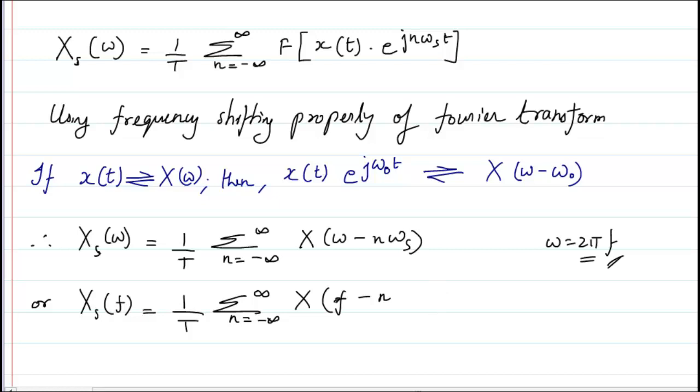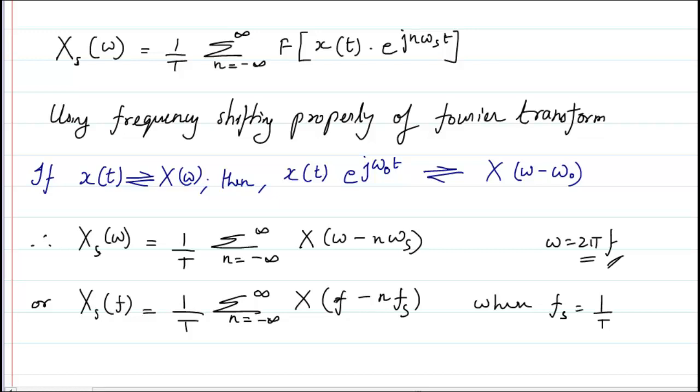So I will write this as n fs, where fs is equal to 1 by T. Let me write this properly, fs, which is the sampling frequency.